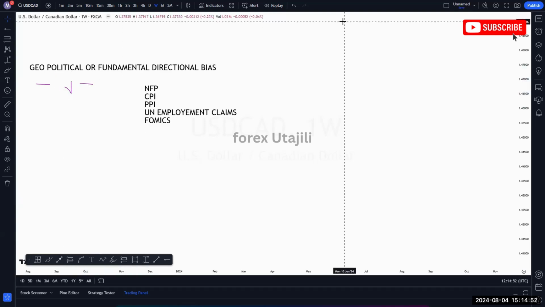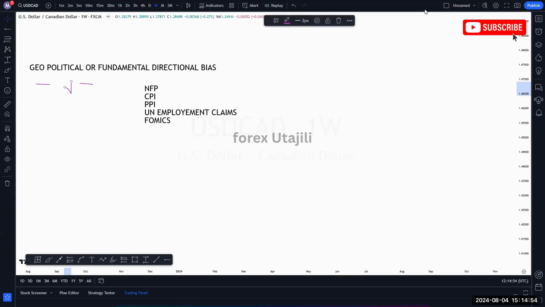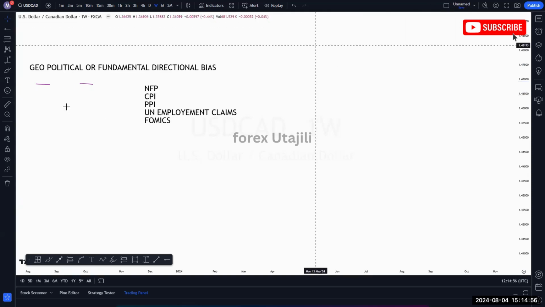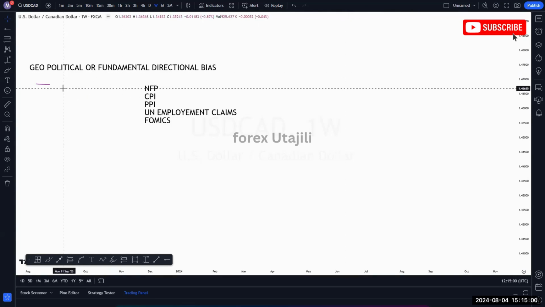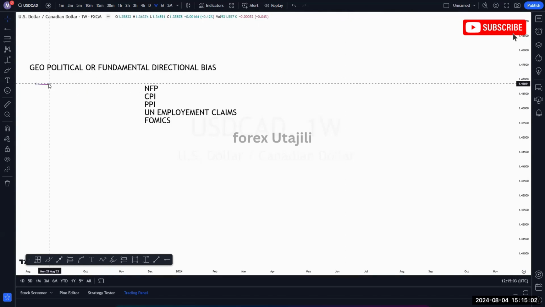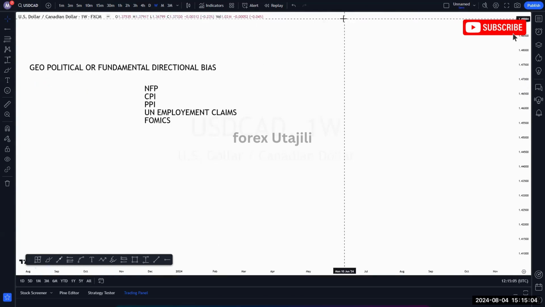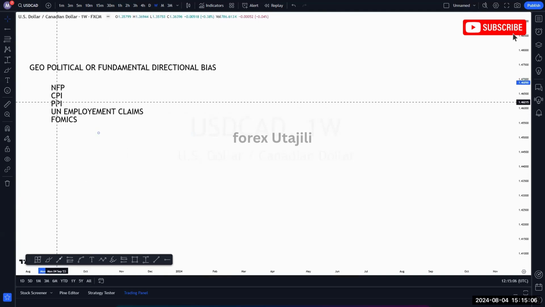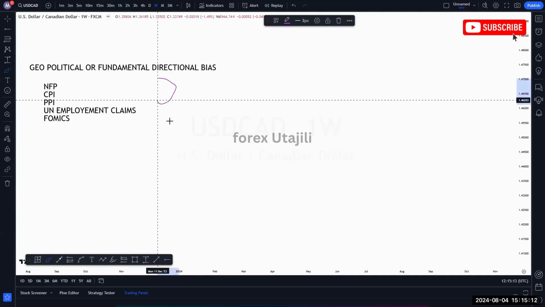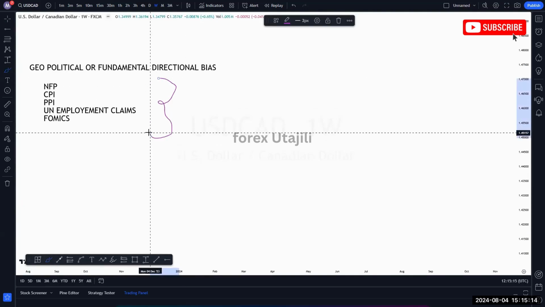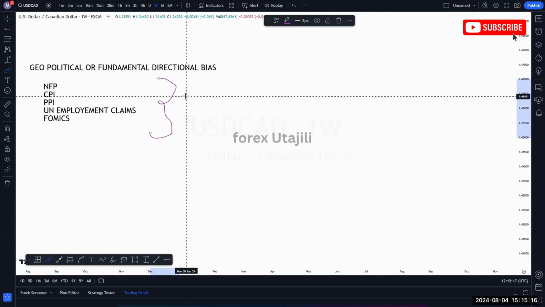Now, all of these news we trade using the same directional bias, which is called geopolitical or the fundamental. This is where we look at the economy and the situation of the country to trade this kind of news. Don't just come from nowhere and trade this news.